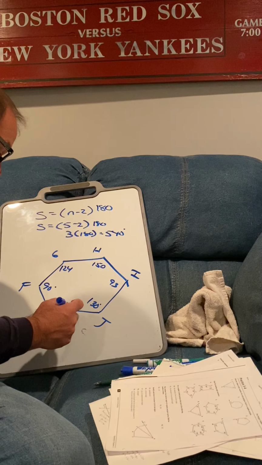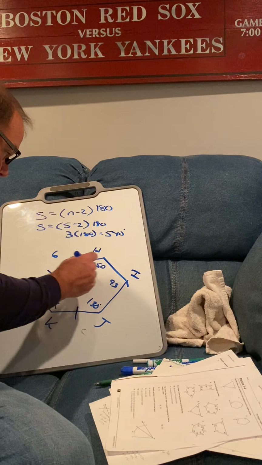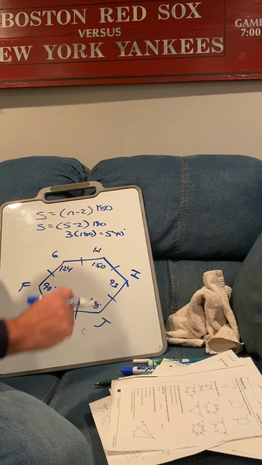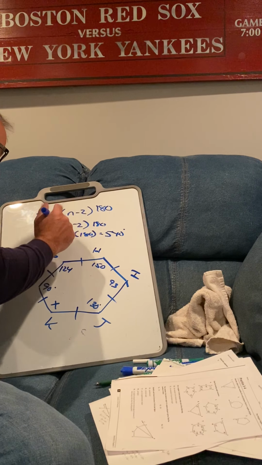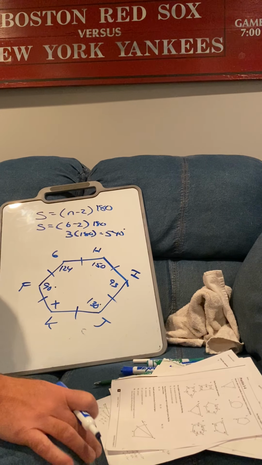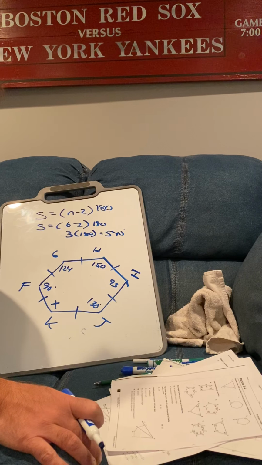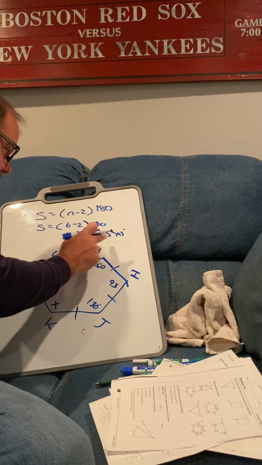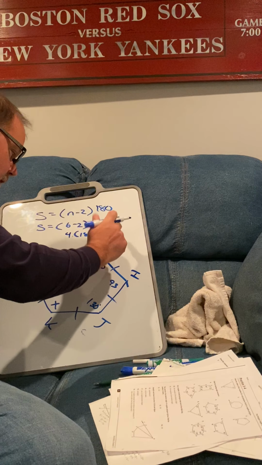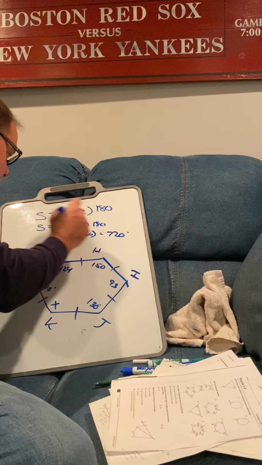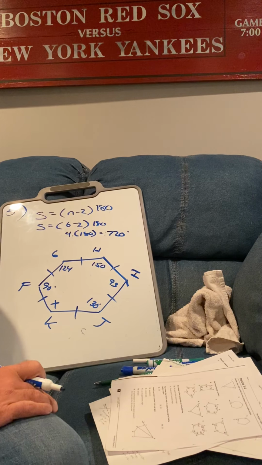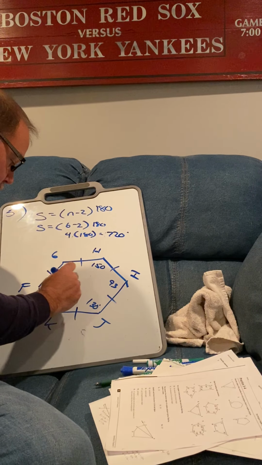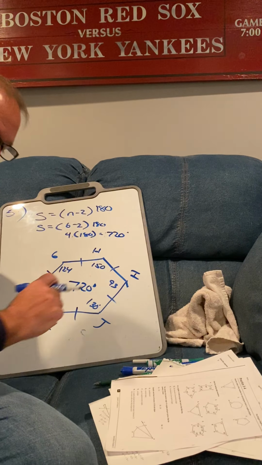Well, first off, count the sides. 1, 2, 3, 4, 5, 6 sides. So 6 sides is a hexagon. Let's put 6 into our formula, the number of sides, n. 6 minus 2 is 4. 4 times 180 is going to be 720 degrees. So this whole figure has 720 degrees in it.